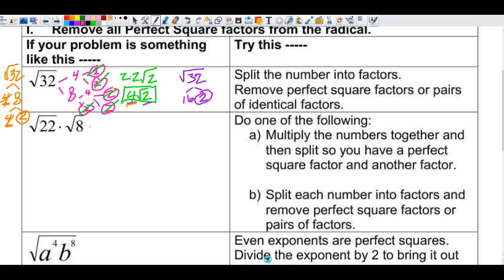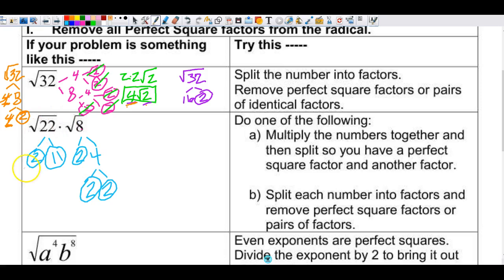The easier thing to do really at this point is to go ahead and just start breaking this up. And I can make this into 2 and 11. Those are both prime. The 8 becomes 2 and 4. And the 4 becomes 2 and 2.